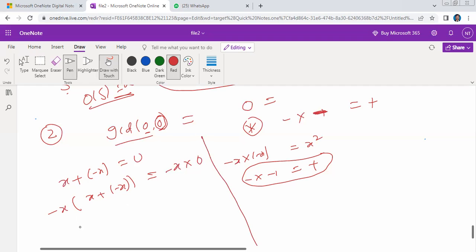Correct? Then minus x into minus x, by distributive property we can apply this.